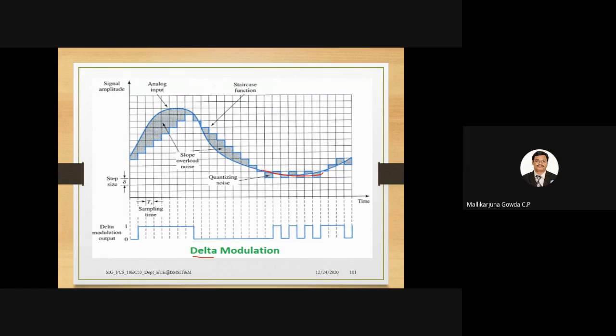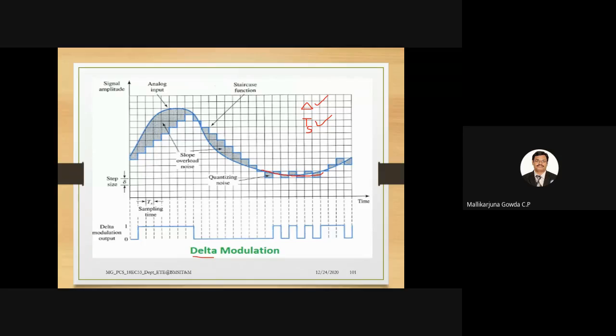So the selection of step size, that is delta, and the sampling period Ts plays an important role in achieving proper delta modulation. One is the step size, another one is the sampling period.